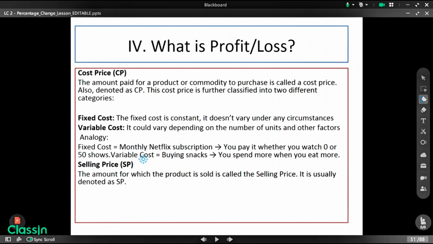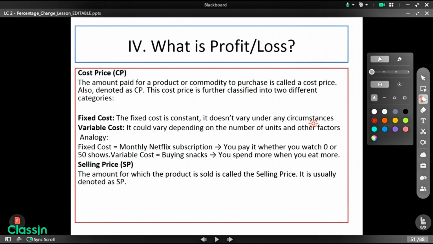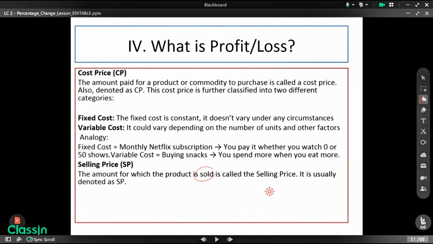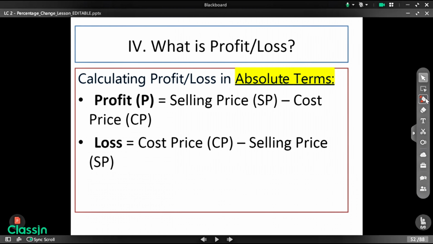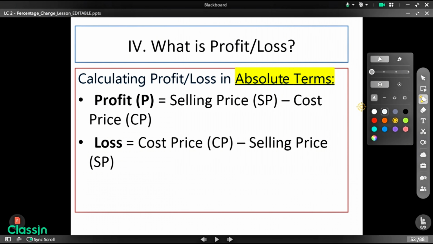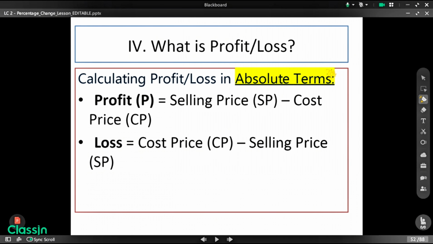Now let's proceed with the selling price or SP. It is the amount for which the product is being sold, usually denoted as SP. Let's proceed to calculating the profit or loss in absolute terms.